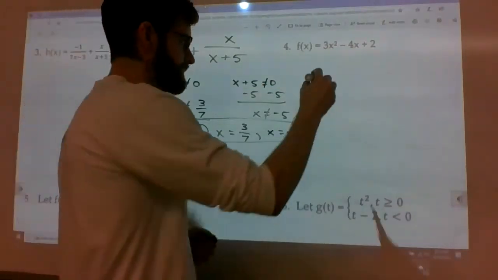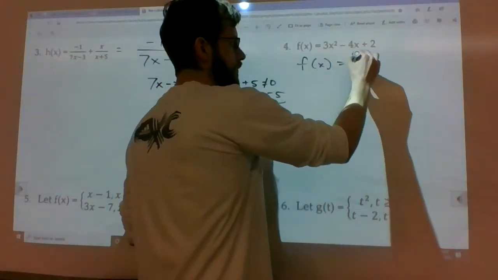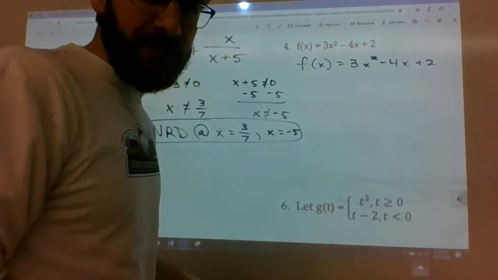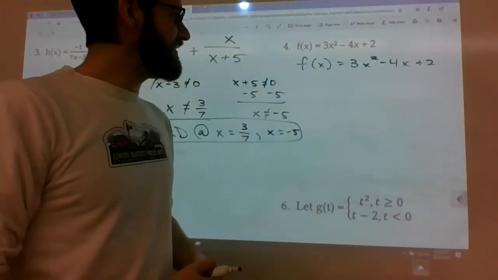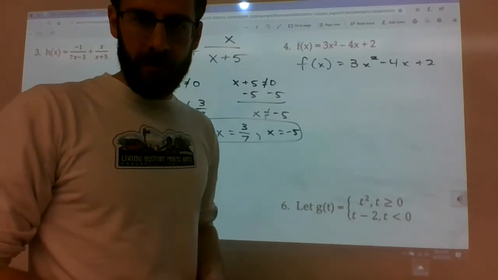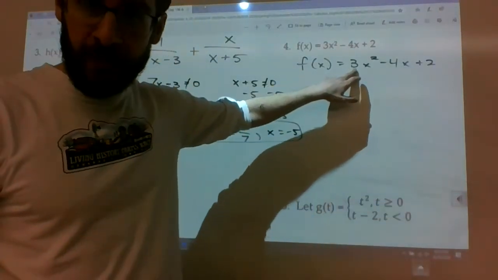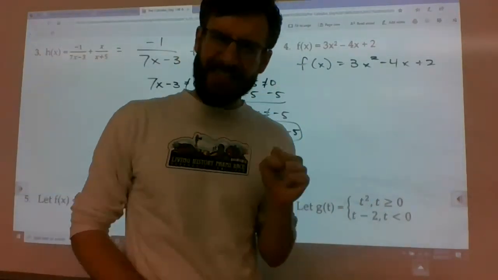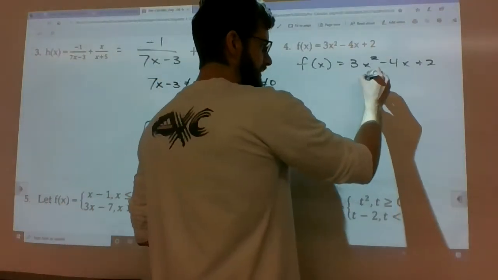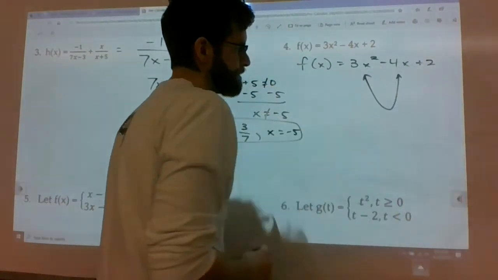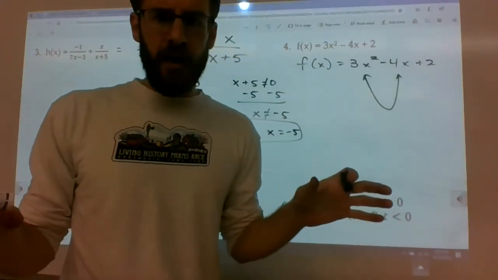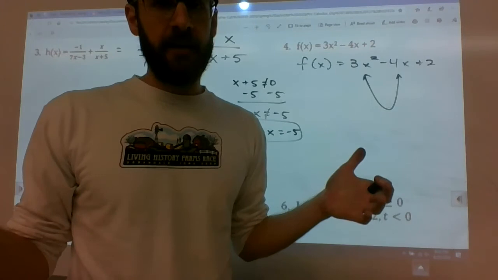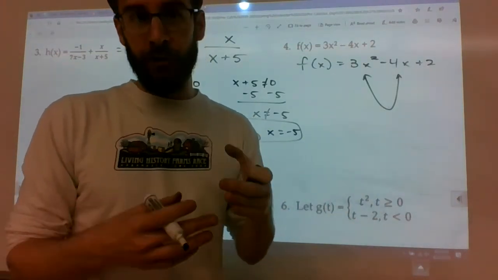Number 4. Hey, look what we got here. Looks like a quadratic. We've been seeing those since Math 1. Let's see, quadratics are parabolas. In this case, it's got a leading coefficient of 3. That means it's going to be slightly stretched, maybe a little skinnier than normal, and it looks like this. Now, I'll save you guys the whole getting it in vertex form and graphing it as accurately as possible.